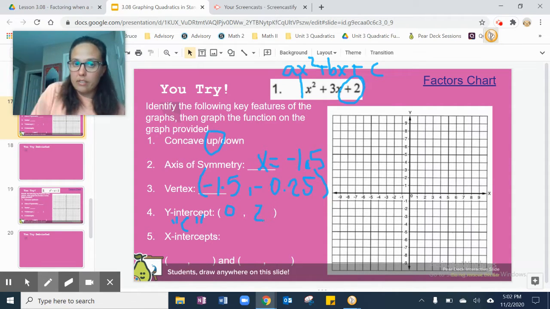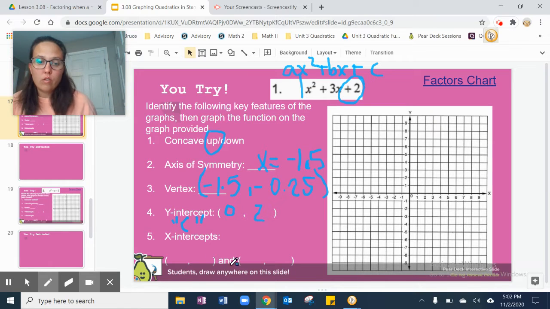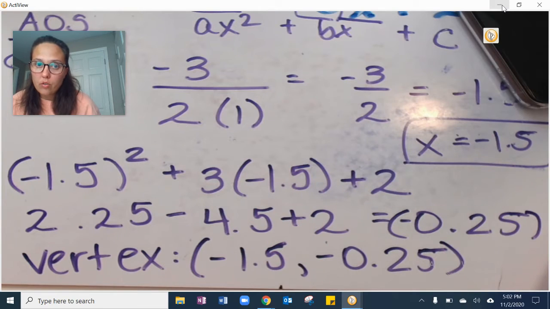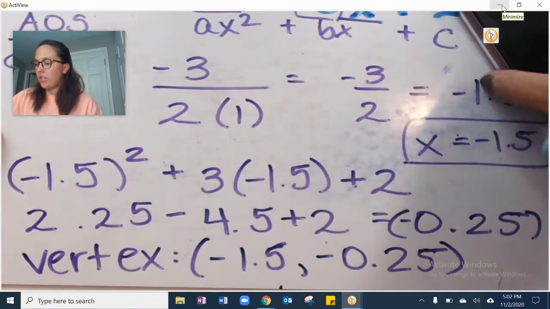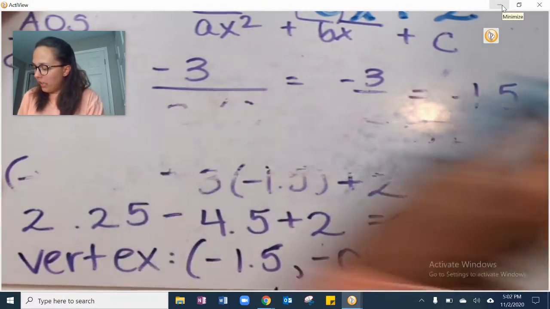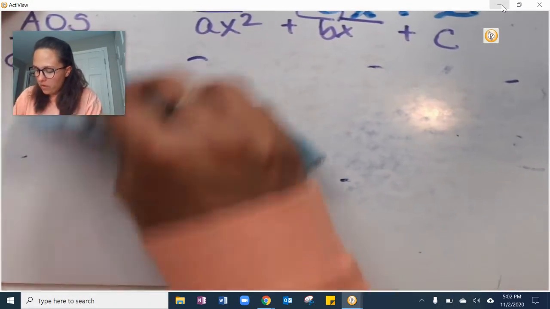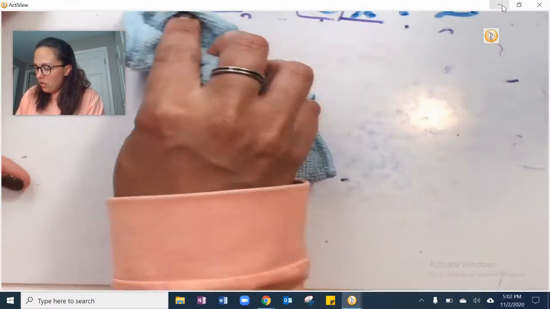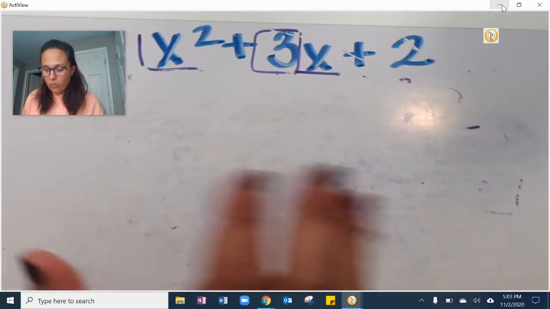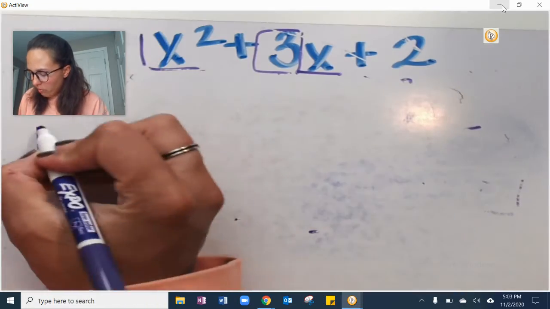And then what are the x-intercepts? So to do that, we're going to have to factor. Factoring allows us to find our x-intercepts. So we are going to first draw our box.